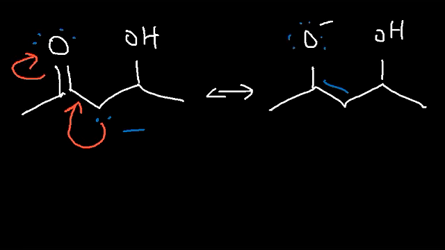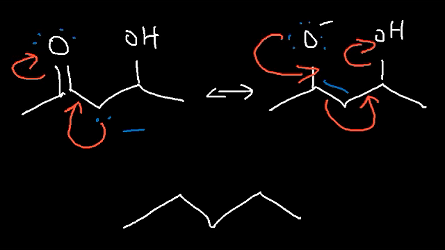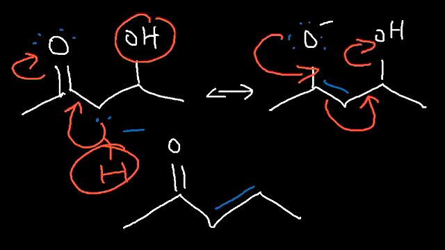This enolate ion could use one of its lone pairs to form a double bond, causing this double bond to move here, expelling the hydroxyl group. So we're going to regenerate the ketone, but we're going to form a double bond over here. So basically, we got rid of the hydroxyl group and the hydrogen that was here. So we remove water. This is an example of an E1CB reaction.